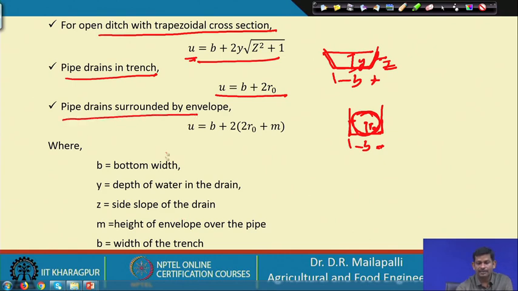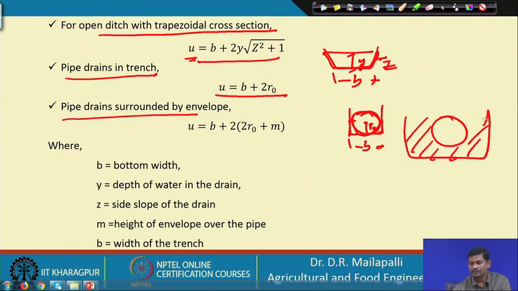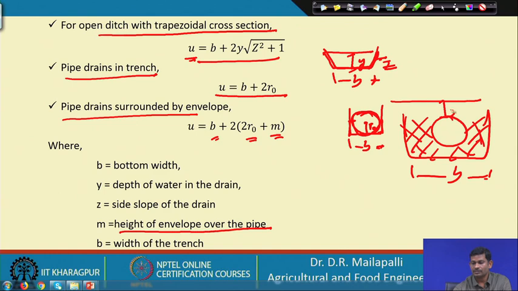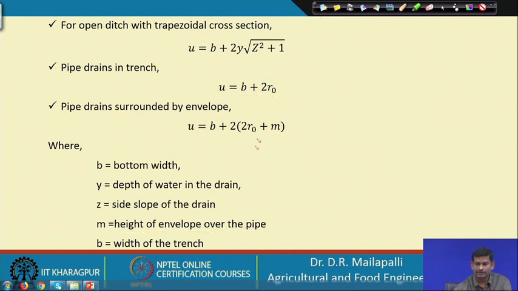For a pipe drain surrounded by an envelope, U is equal to B, the width of the trench, plus 2 times (2 r naught plus m), where m is the height of the envelope over the pipe. This way you can estimate the U value, that is the wetted perimeter, for different conditions.